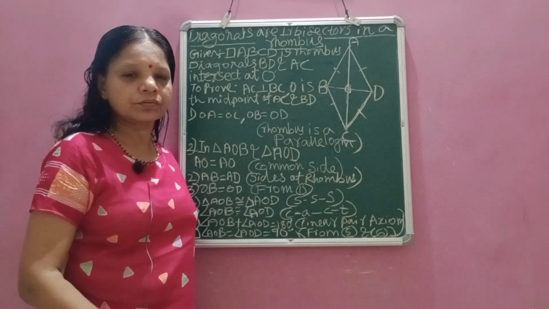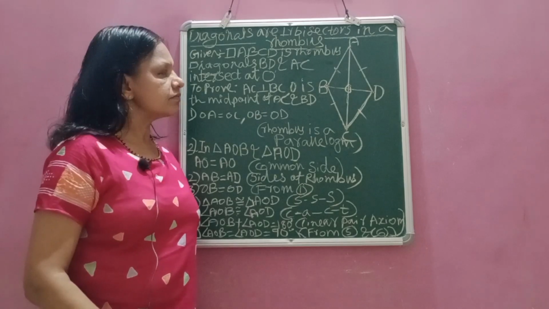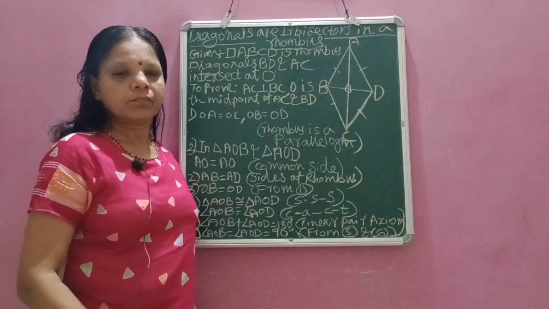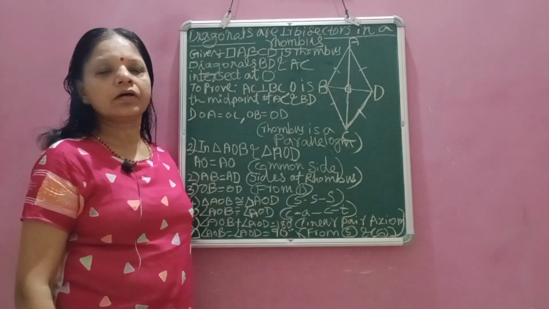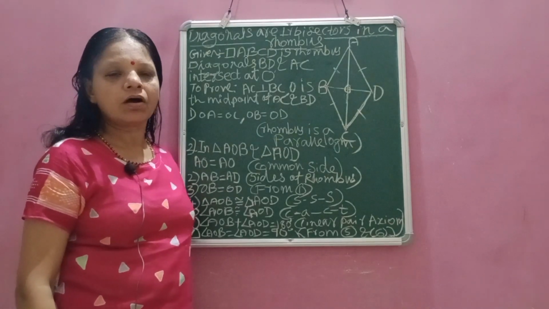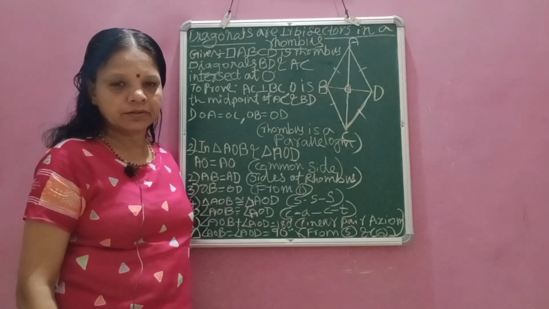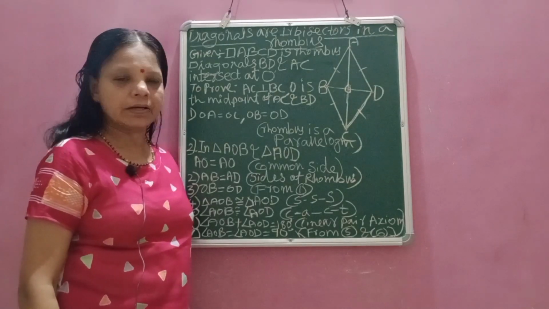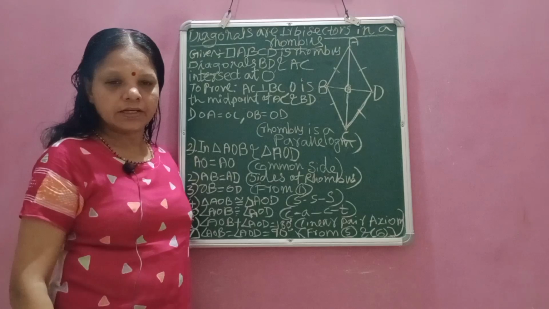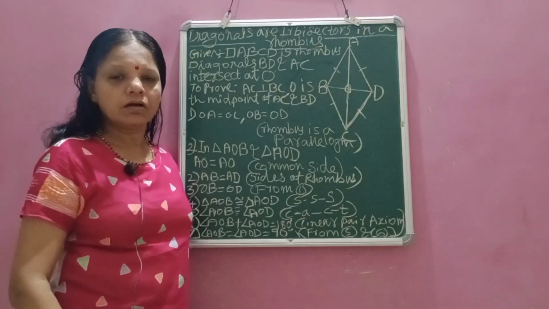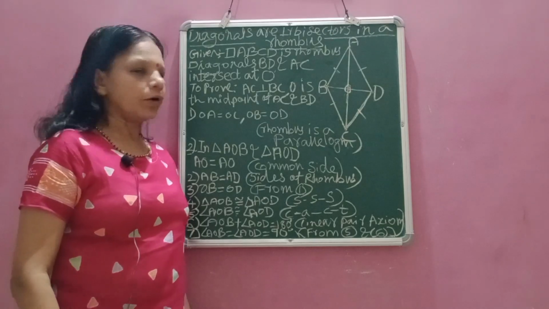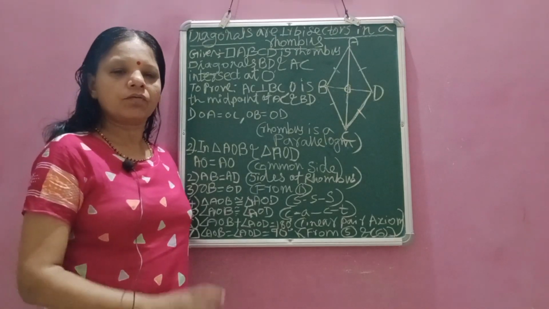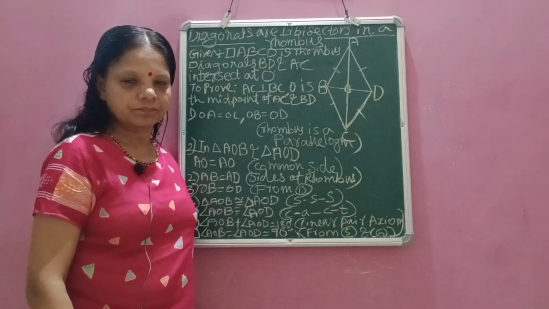So only you have to prove diagonals are at 90 degrees. Perpendicular bisectors means at 90 degrees and also bisect. The point of intersection is the midpoint of both the diagonals.